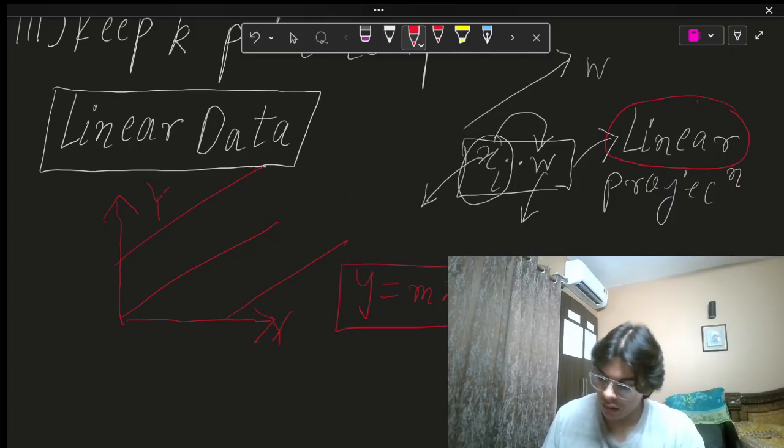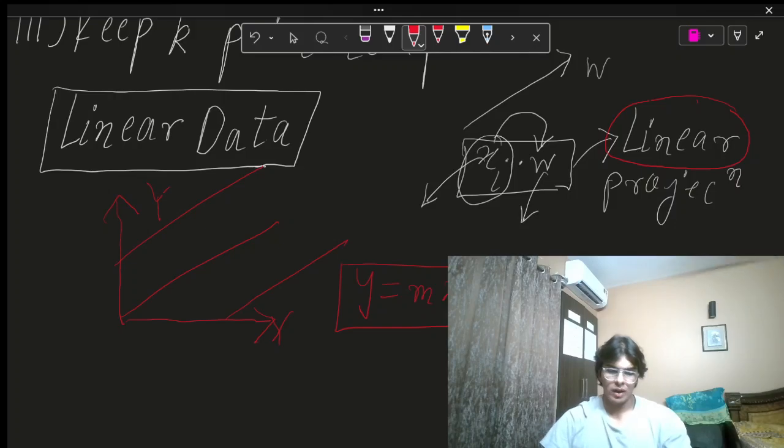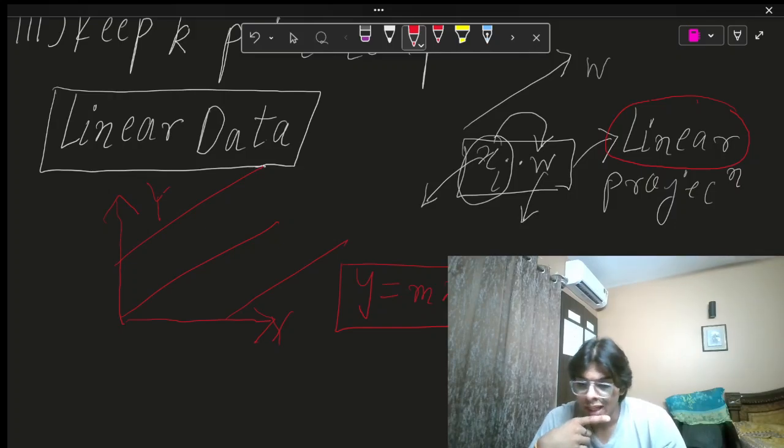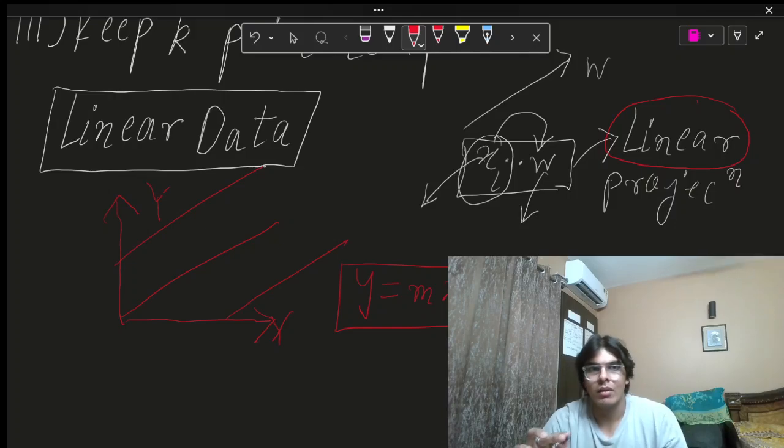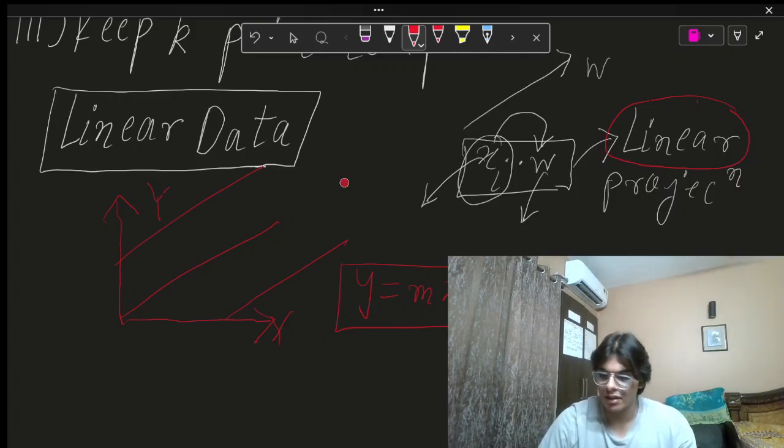Now what is the constraint? Why are we having non-linear data here? The thing is, guys, most of the data in the real world, be it text data, speech data, audio, music, images, videos, is non-linear data. Data in the real world, the world that we live in, never looks this simple.